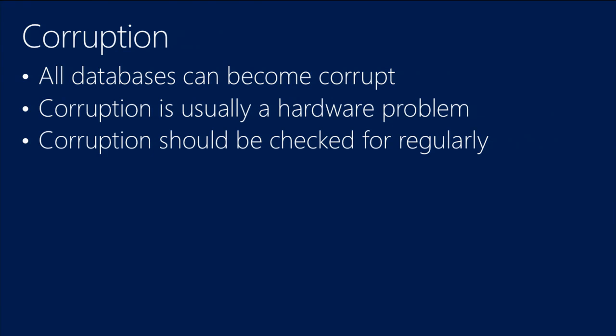It's all going to depend on how long it takes CHECKDB to run and how much I/O we can afford to generate by running it. CHECKDB is a very I/O intensive operation because it touches every single page within your database. So if you've got corruption problems, it's going to find them, but it's going to be very expensive for you to actually find those corruption problems.